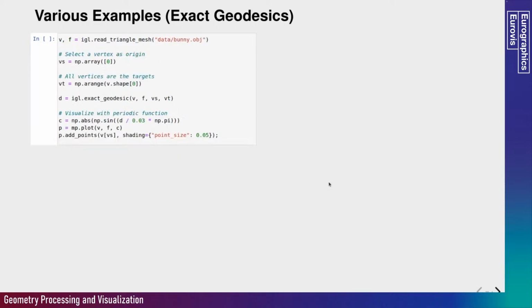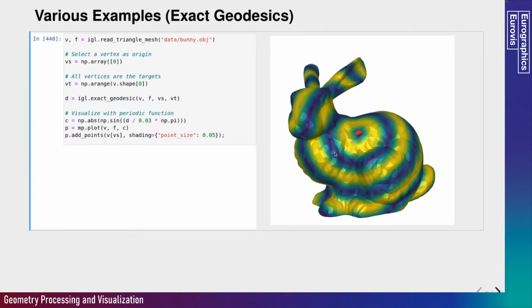The next example is about distances on top of our embedded geometry, or geodesics, and here we have a function called exact geodesic which calculates the exact distances from one vertex of our geometry to all other vertices of the geometry. So let's execute this code and then we directly see what happens.